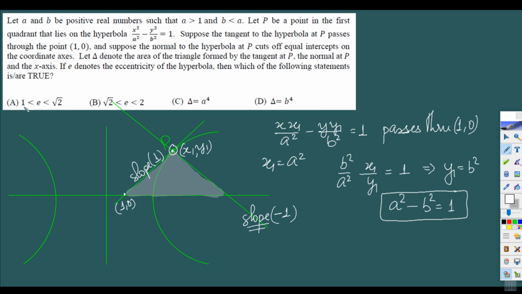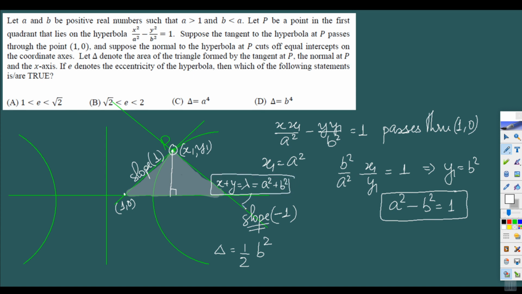You have 4 options, 2 talking about the eccentricity and 2 talking about the area of the triangle. Let us first look at the area of the triangle. We will use that it is half base into altitude. Altitude is nothing but the length y1, which is b square. Now what is the base? If I take the equation of the normal, this is x plus y is equal to some lambda because the slope is -1. Since the point passes through (x1, y1), which is (a square, b square), lambda is a square plus b square.